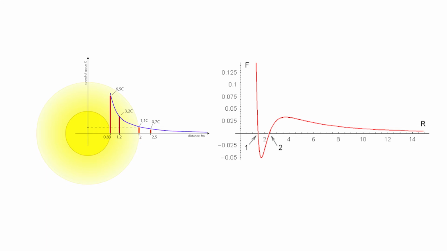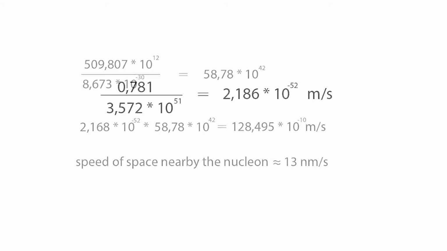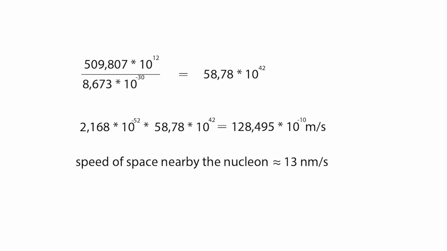Let's take a look at the next method. Firstly, we need to find the speed of space on the surface of the planet per one nucleon. For this, we need to divide the speed of space on the surface of the planet by the number of nucleons. And then, dividing the surface area of the planet by the surface area of one nucleon, we get how many times that speed increases while approaching the surface of the nucleon.